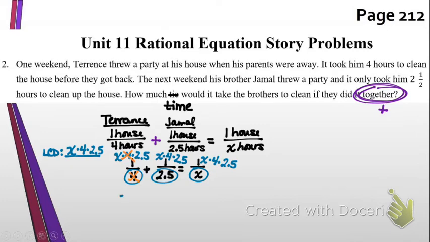So I'm going to end up with 2.5x, because that's what I've got left over. Plus, what will cancel from my second fraction? 2.5s will cancel, which means I have what? 4x equals, what do I cancel here?